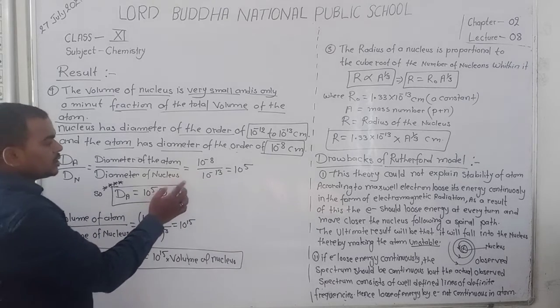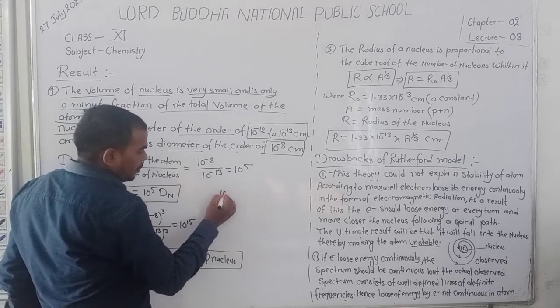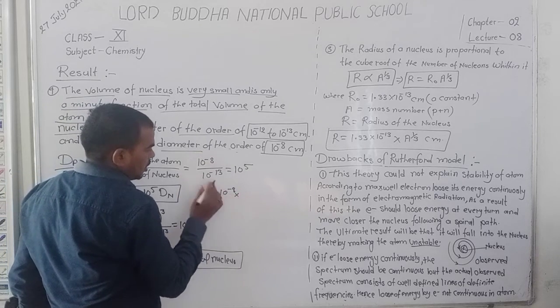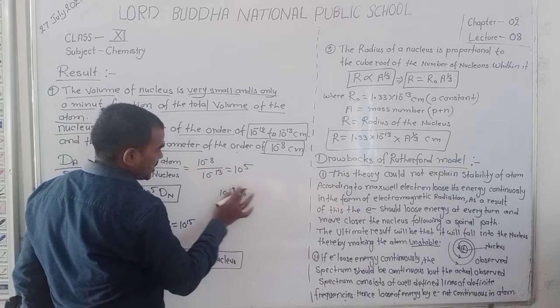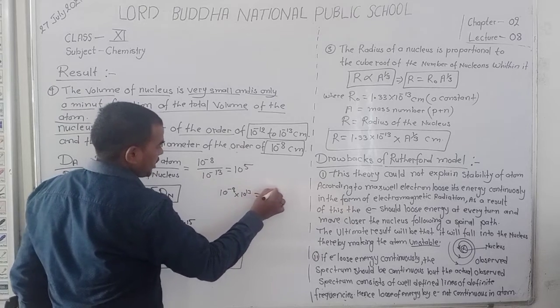So after the calculation, when 10 power minus 8 goes to the numerator side, then it becomes 10 power 13 minus 8. The result is 10 power 5.